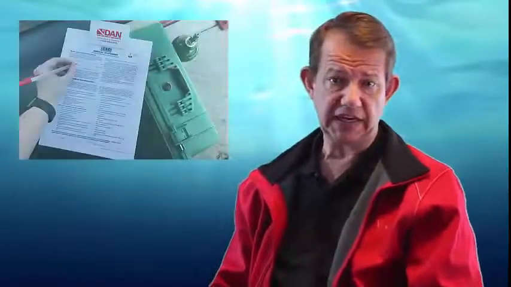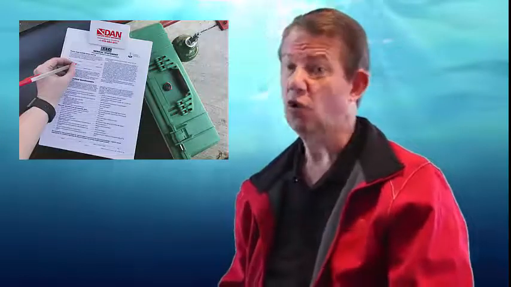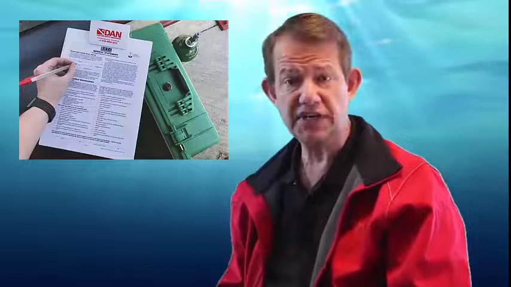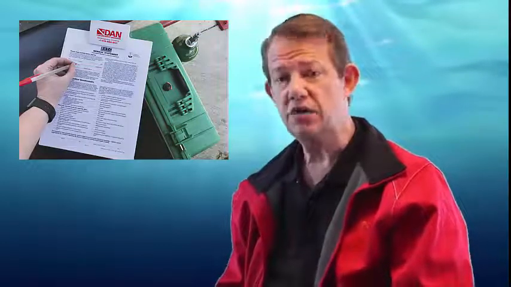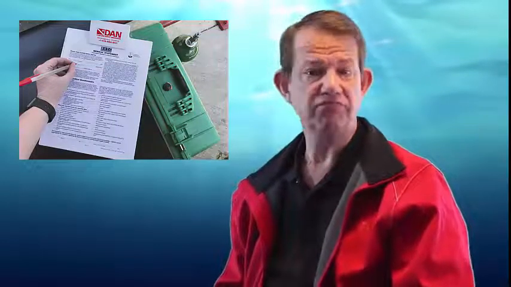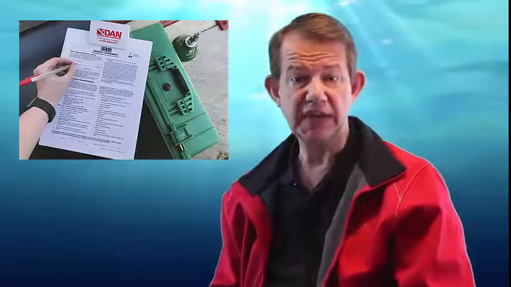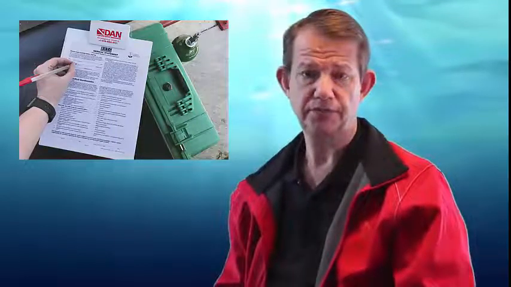Now, the history of a diver's health or lack of health is something that should be known and should be written down. If it was known that a diver had a history of high blood pressure or was taking blood pressure medication or other medication, this should be noted.